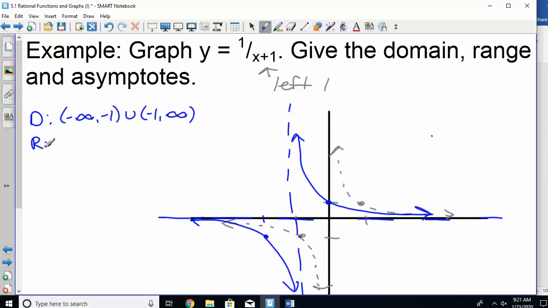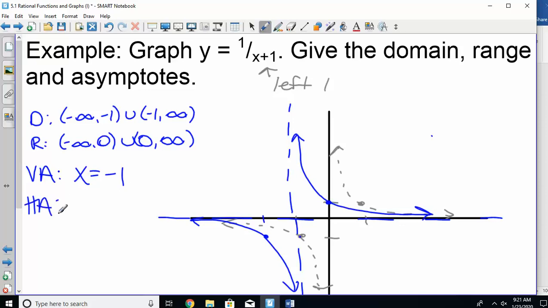My range from negative infinity to, where's my breaking point here? 0. That didn't change. Vertical asymptote. What is the vertical line that we do not touch? Horizontal asymptote. The horizontal line we don't touch.